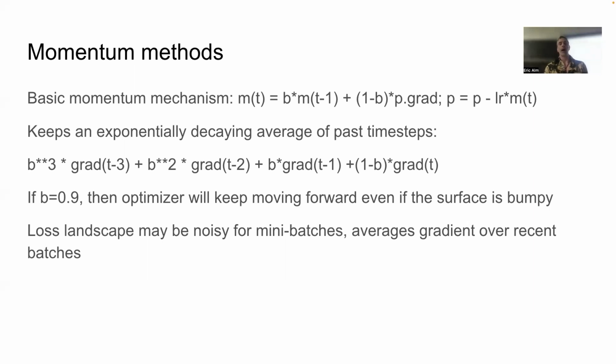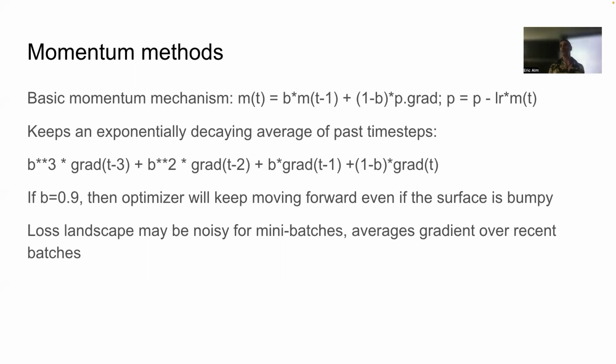Okay, so with this formula, every time I apply this momentum term, I'm applying it again to all of those previous time steps, right? And so even if it's 0.9, my gradient from 3 time steps ago is like 0.9 cubed.